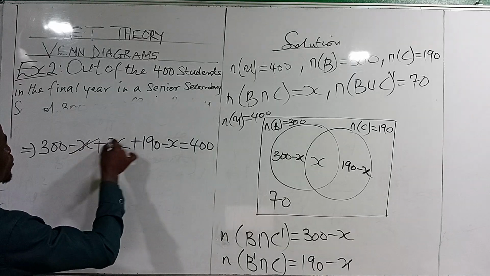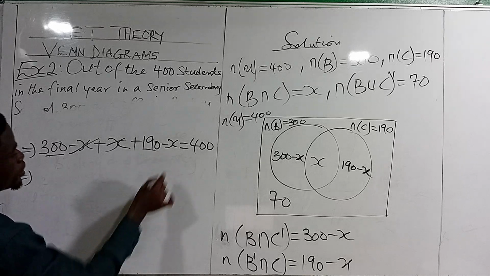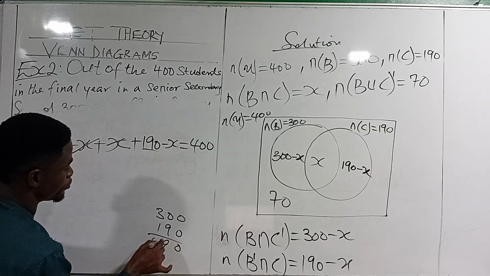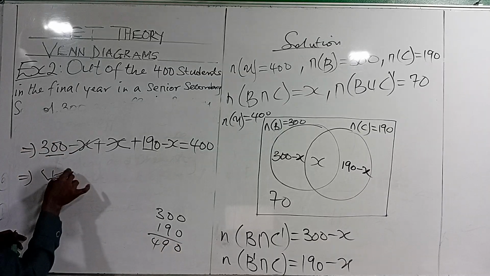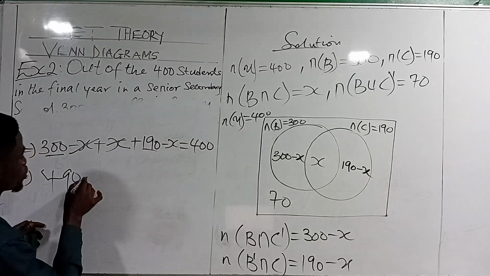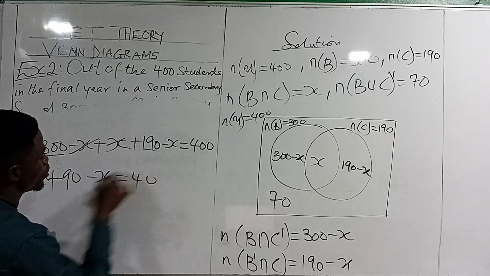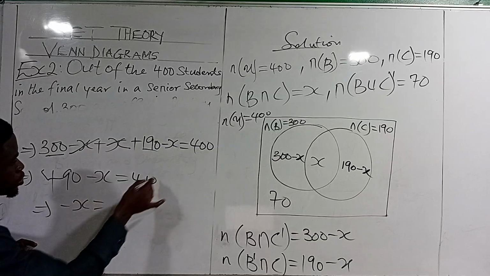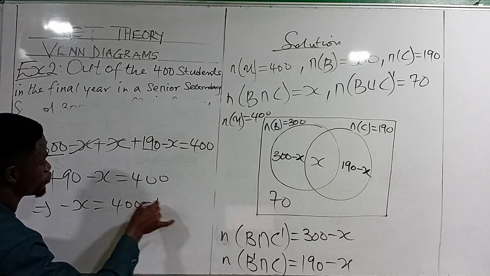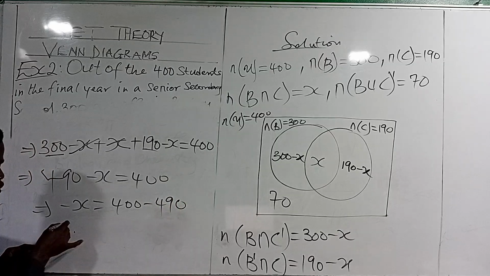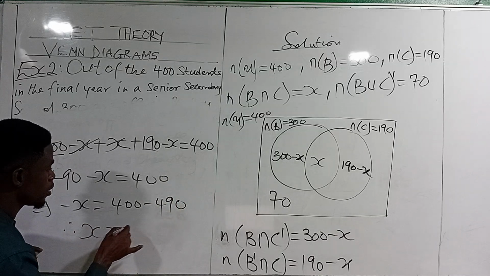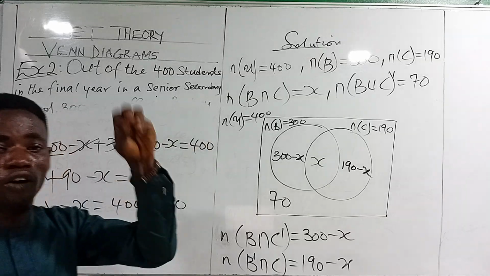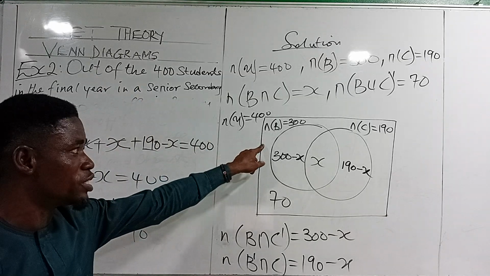So this X we cancel out. Now let's add this together. We have 300 plus 190, that is 490. Then 490 minus X equals 400. So X is going to be 490 minus 400. Therefore, your X is 90. So 90 students is the number of the students who offer both biology and chemistry.